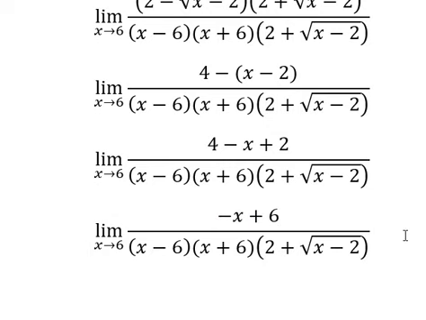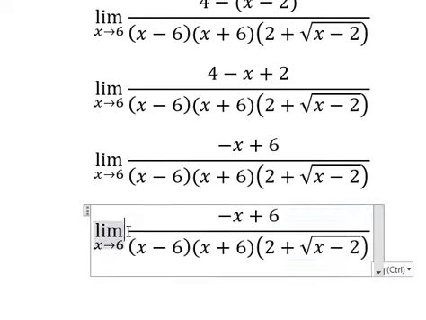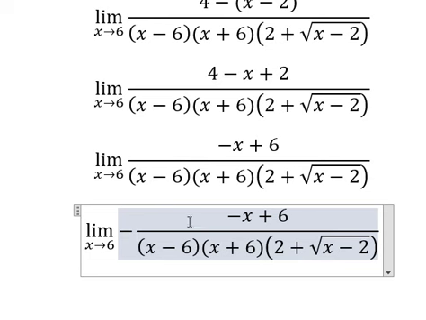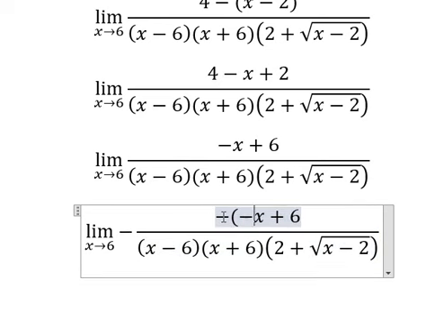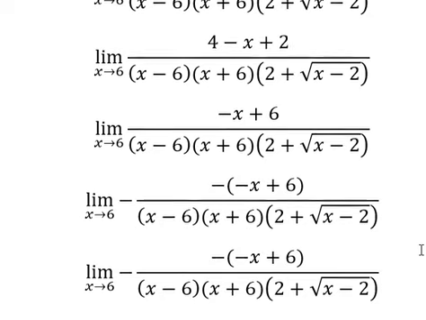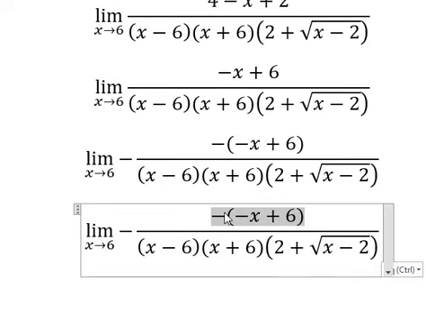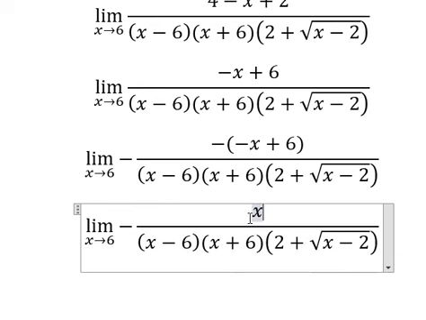Next, I will put the negative in here and here. So negative with negative, you get positive s. Negative with number 6, we have negative 6.